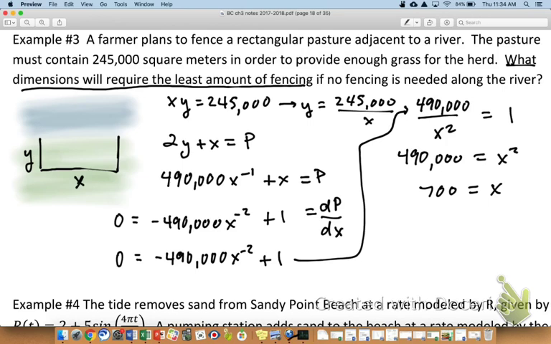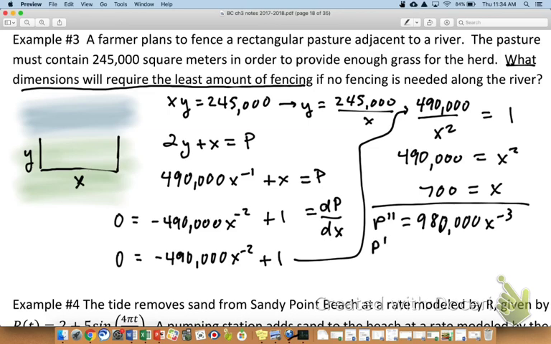I want to go back to Forrest's idea because I said, Forrest, what do we do with this? And he said, find p double prime to use a second derivative test. I think that makes the most sense. Because p double prime would equal 980,000 times x to the negative 3. If I plug a 700 in for x, taking that to the negative 3, it's still a positive number times 980,000.